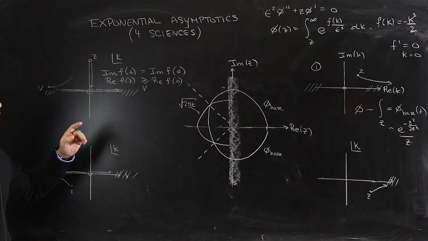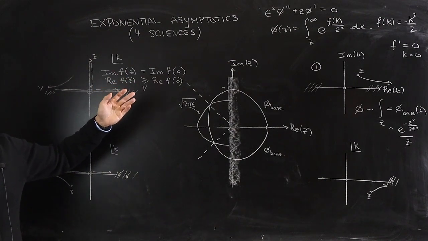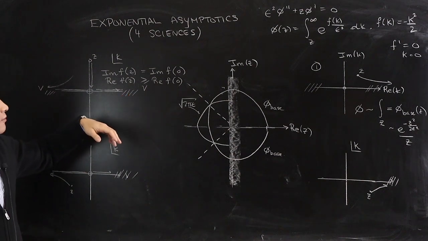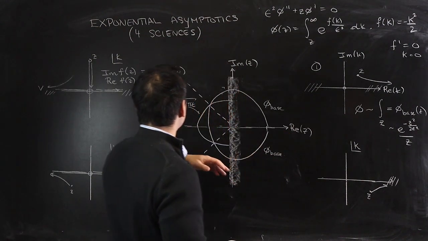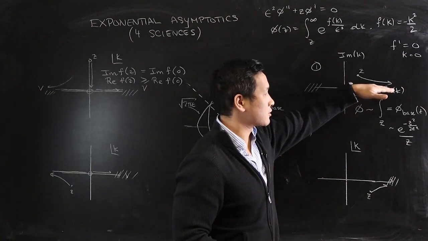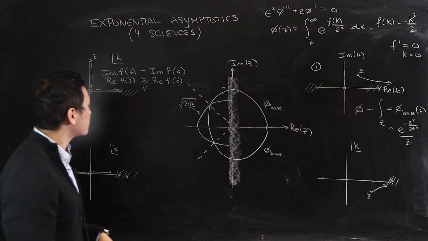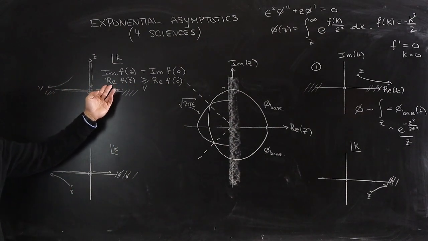Okay? This first criteria is the criteria for a path of steepest descent. So this first criteria is what you would impose in order to find these curves across which the paths of steepest descent follow. This is a dominance criterion.